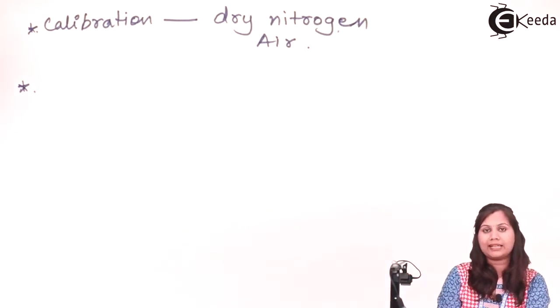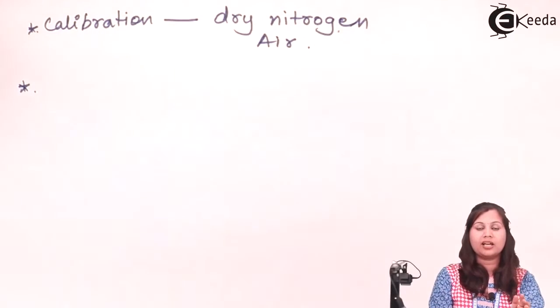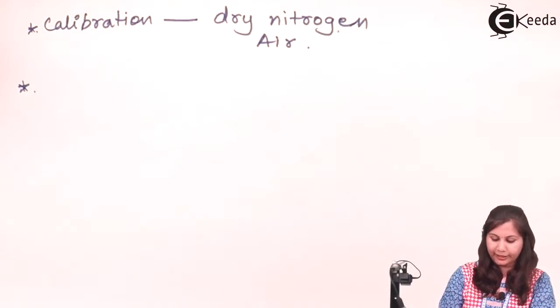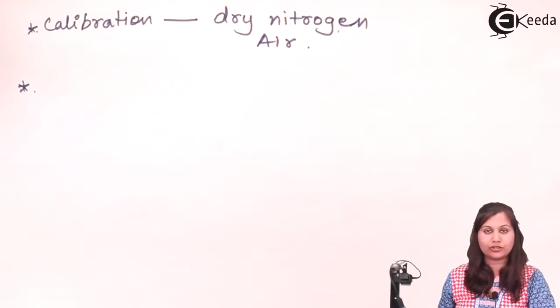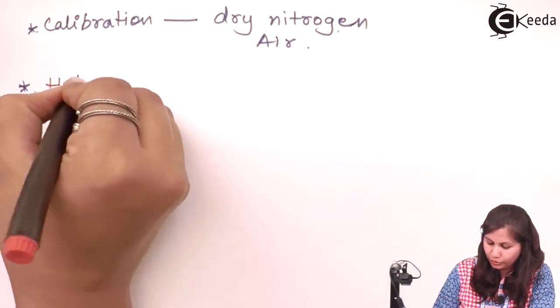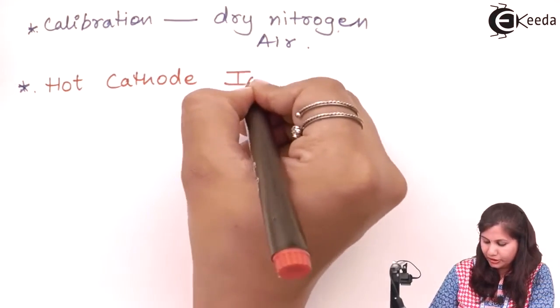Now the types of ionization gauges depend upon the method used by them to produce the ions. Based on that, there are two types of ionization gauges. One is the hot cathode ionization gauge.